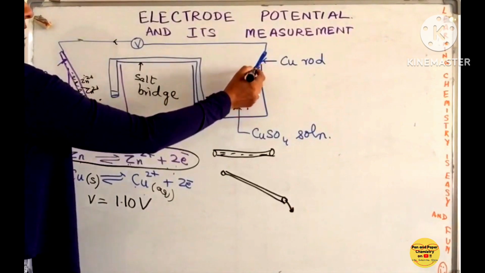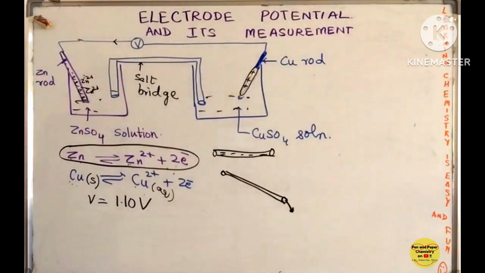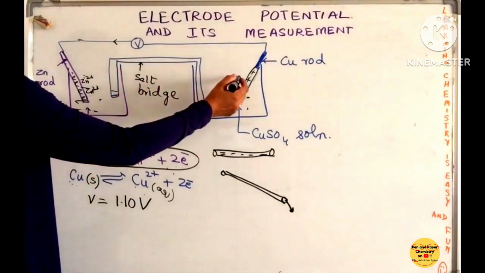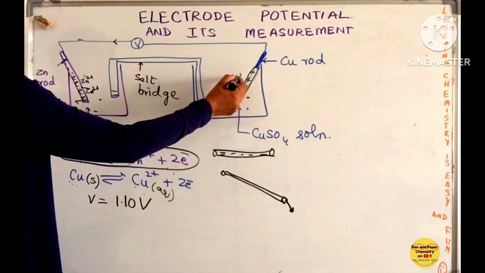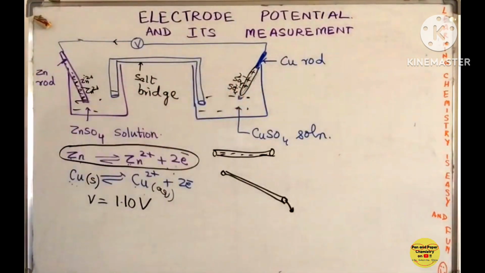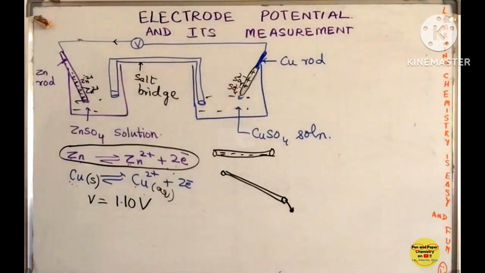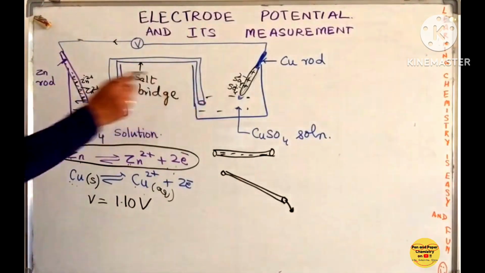So I am going to show that plus charge on this rod, because of which the negative species will become attracted to it, and that is the sulfate ions over here, right? Again, because of the difference in charges, there are two ends, the plus and the minus end, because of which there will be a difference in potential between the zinc rod and the copper rod.